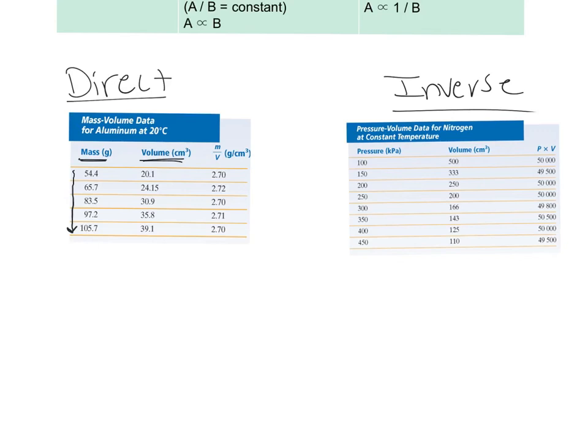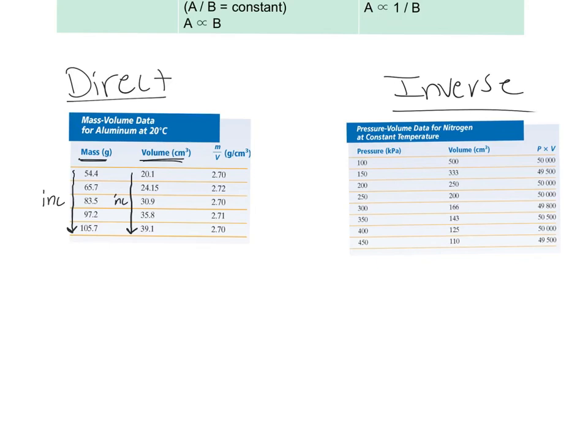They increase. Take a look at the volume. What happens to the numbers as we go down? They increase. A direct relationship is when both of the quantities are increasing together. So as you go down, they increase, and as you go down, they increase. This is a direct relationship.